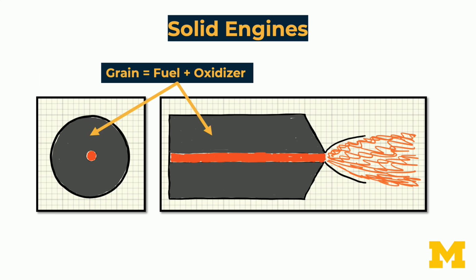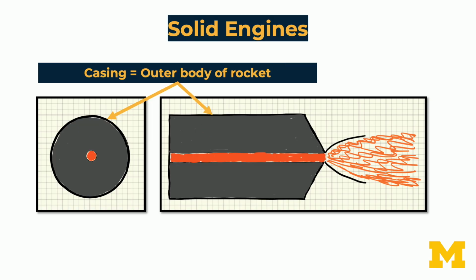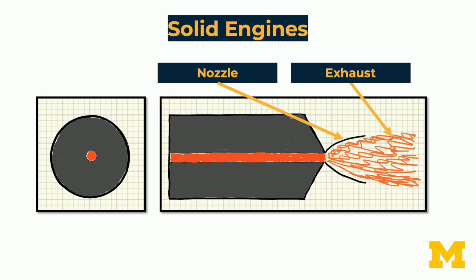So the grain is the fuel and the oxidizer that's mixed together. The casing is the outer body of the rocket, and that's holding all of this stuff in there. And then the hole is where the combustion occurs. The nozzle is basically converting all of the random motion into kinetic motion or bulk motion, which is driving the exhaust velocity, which is this exhaust.